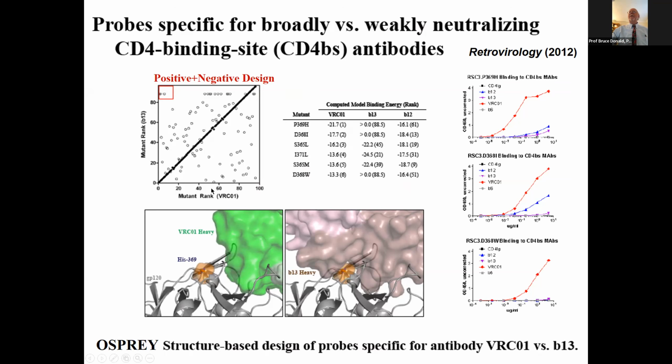In some sense, you want the designs to be ranked up here, so they're very high on one scale and very low on the other. Again, you're designing probes that you're going to put into human sera that are going to try to pull down or bind to constructs that are the right kind of antibodies, right? So again, the key theme here is that combining positive and negative design is one of the most important things that protein design can do. So that's kind of how the probes were developed.